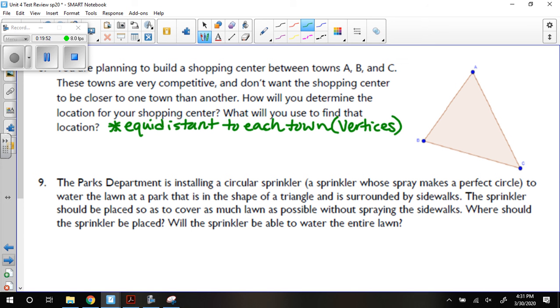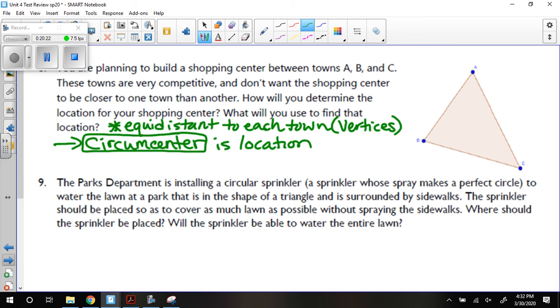When they ask you how will you determine the location for your shopping center, we need to remember that the special center of a triangle that is equidistant to the vertices is the circumcenter. So the circumcenter is the location for this shopping center. You want the shopping center to be at the circumcenter.